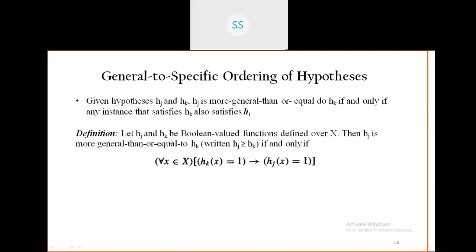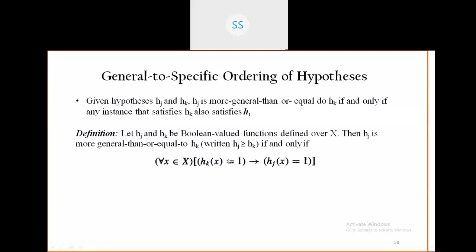Definition: let Hj and Hk be Boolean valued functions defined over X. Then Hj is more general than or equal to Hk, written Hj ≥ Hk, if and only if for all x belonging to X, if Hk(x) = 1, then Hj(x) is also 1.